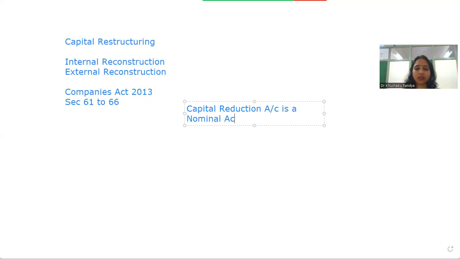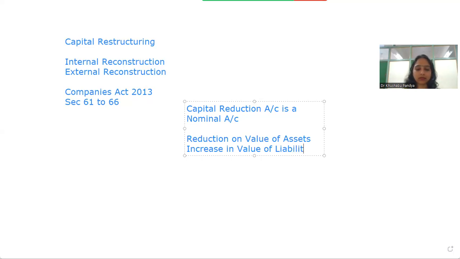It is like a nominal account where a reduction in the value of assets and an increase in the value of liabilities would be recorded on the debit side of the capital reduction account.